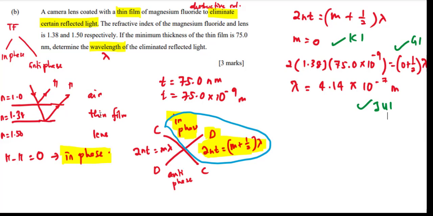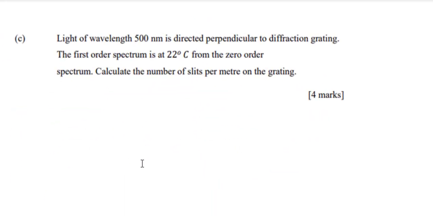For the next question, 7C. Light of wavelength 500 nanometer is directed perpendicular to a diffraction grating. So we know that the case is for diffraction grating. Given the lambda, the first order spectrum is at 22 degree.